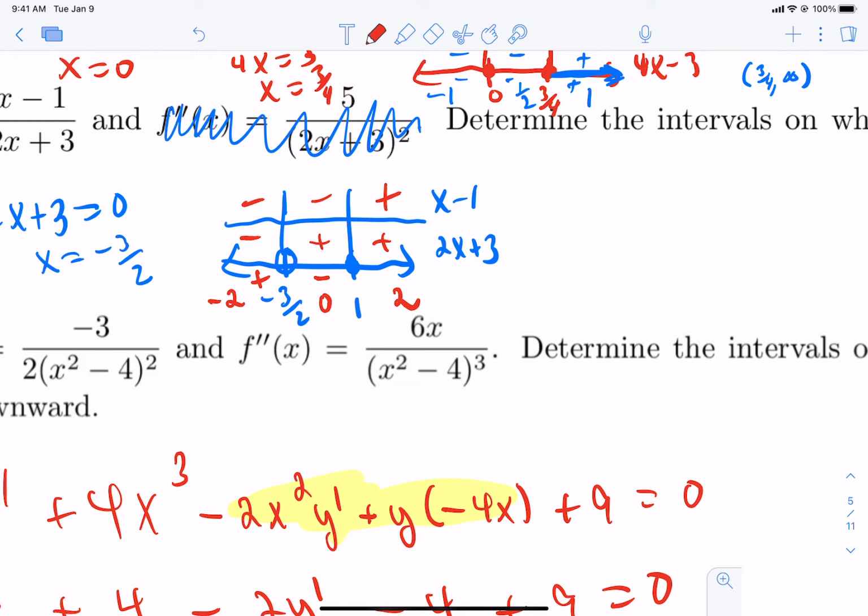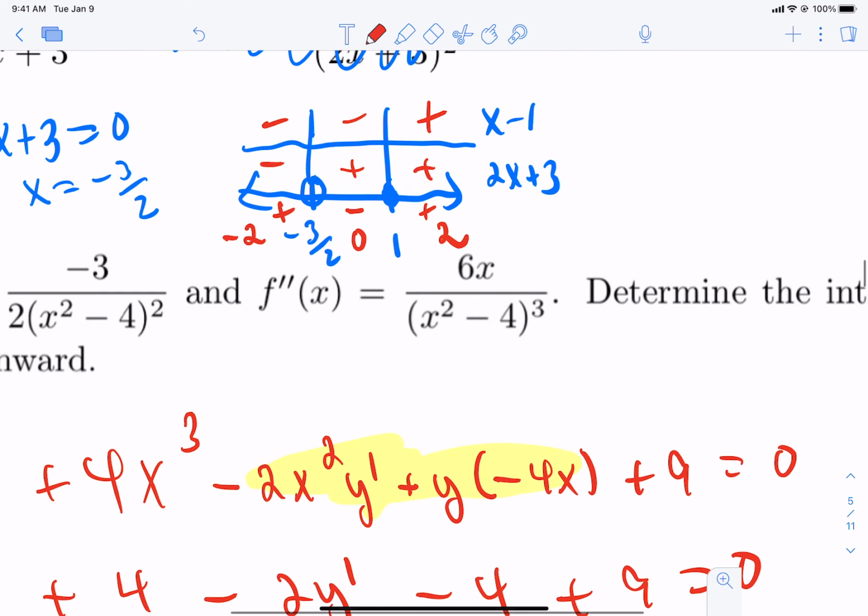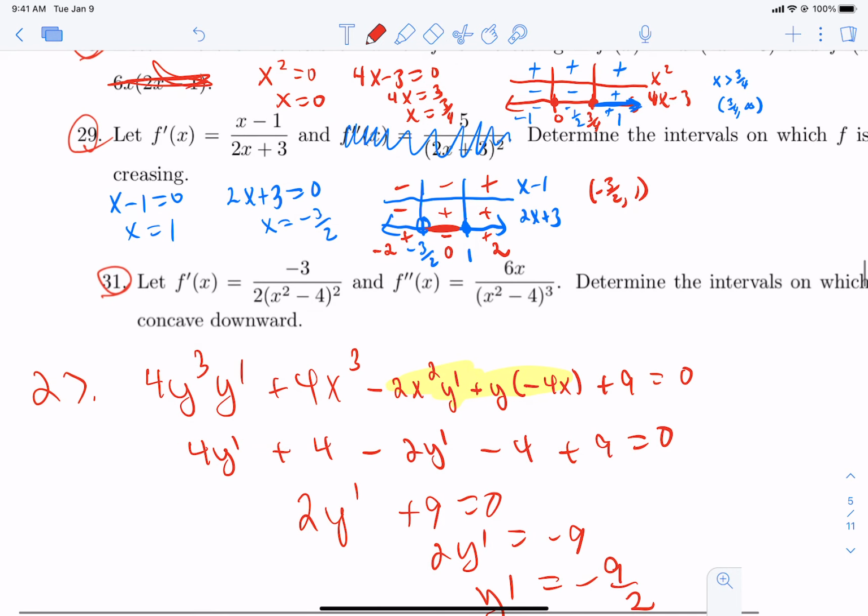Positive divided by a positive is positive. Now think about it. This time we want decreasing. So what do we want? Positives or negatives? We want decreasing. What do we want? We want the negatives. So let's color those in. So we want anything from -3/2 to 1. So that is our answer for 29.